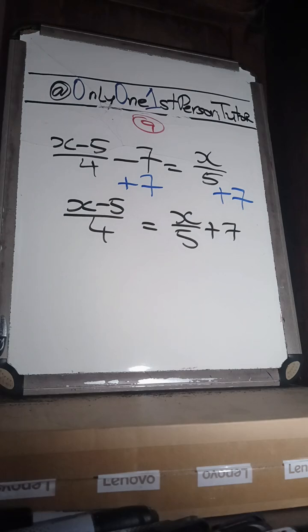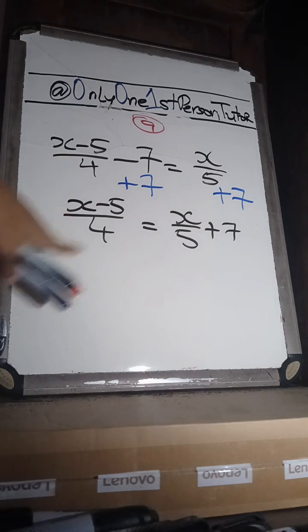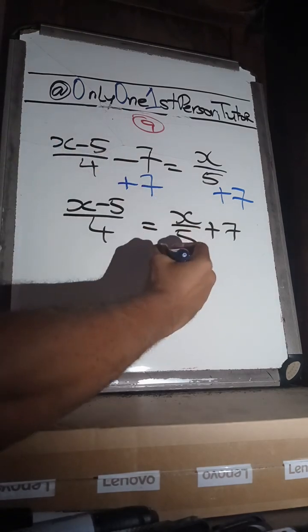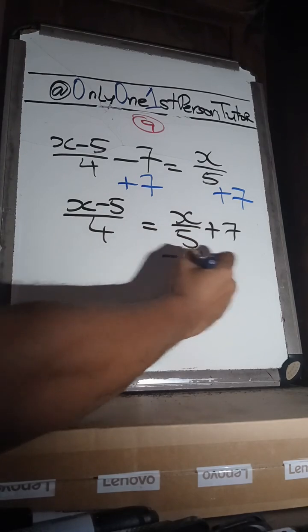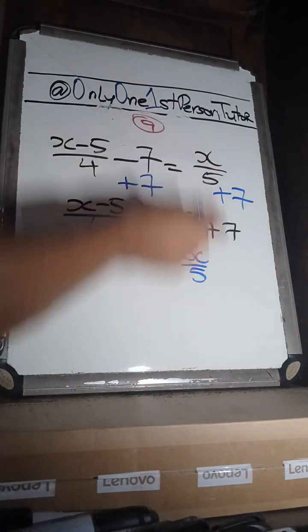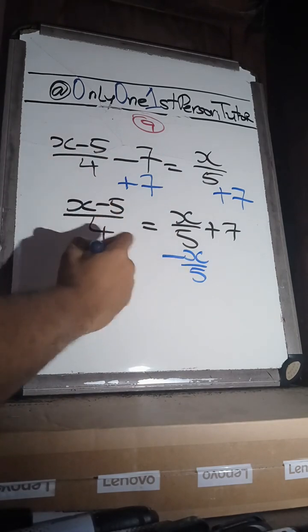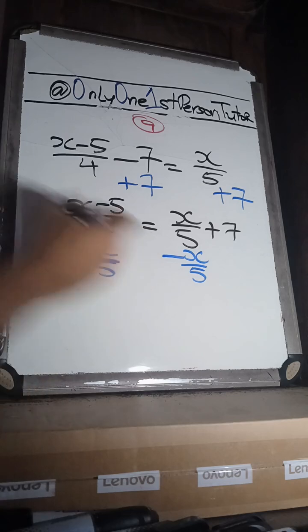So 7 minus 7 is 0. 0 plus this will give us what we have right here. And then we have x over 5 plus 7. And then again, we have to take yourself away. We want to get rid of the x over 5 over here. So what we do to the right, we do to the left.